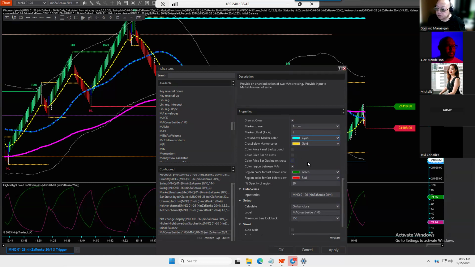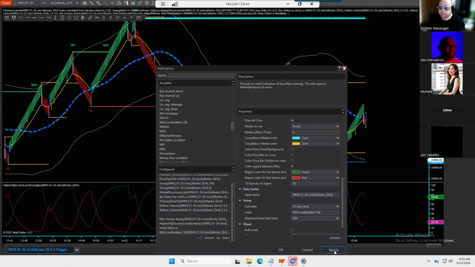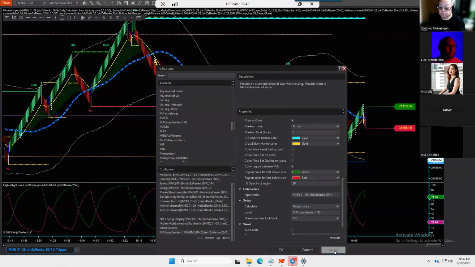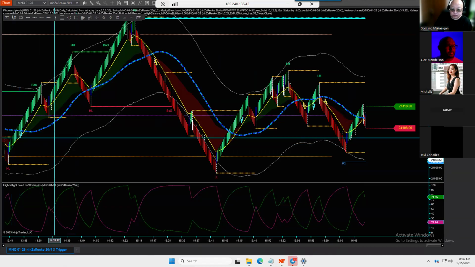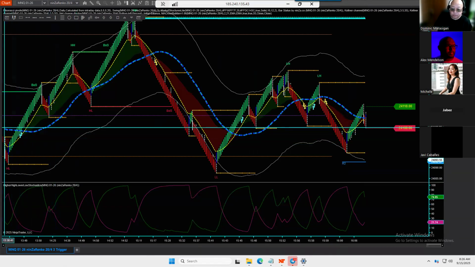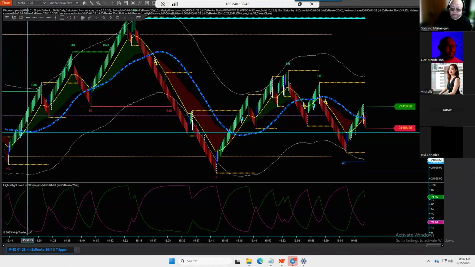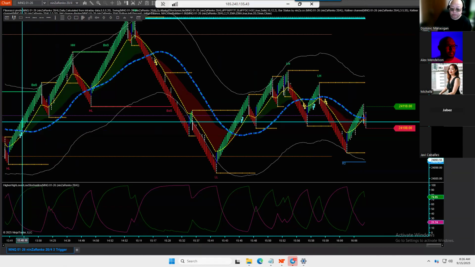Okay, so if I apply this, see this when we cross there, right here, the 21 EMA also crosses the 55, it produces a signal.